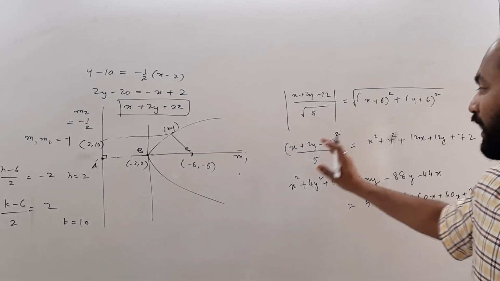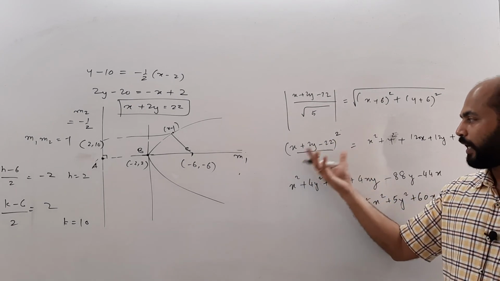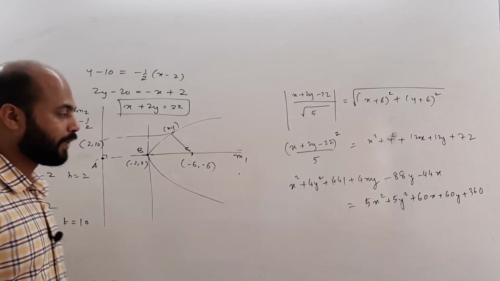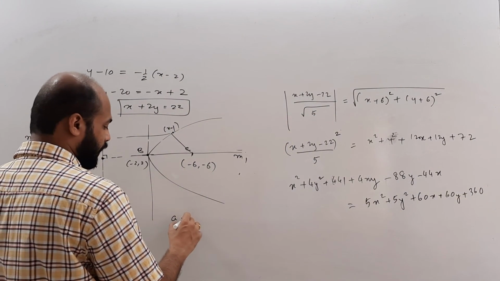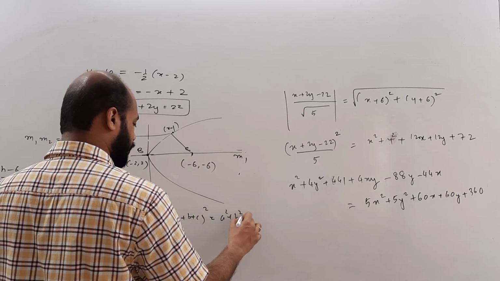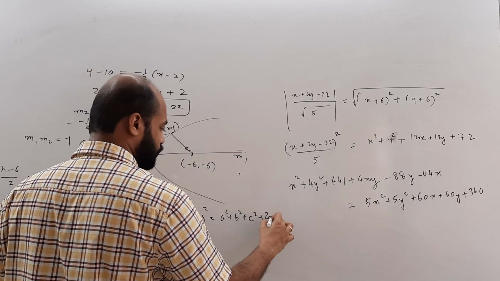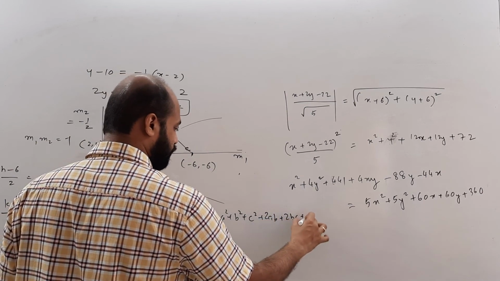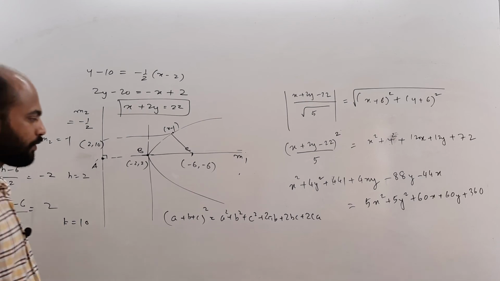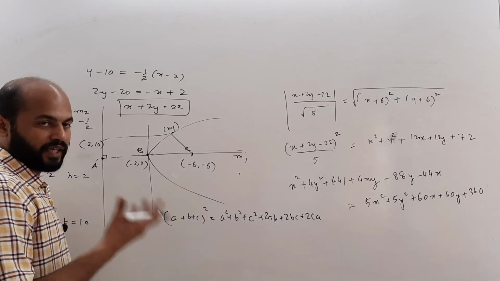So this time I expanded this as a plus b plus c the whole square. So a plus b plus c the whole square is a square plus b square plus c square plus 2ab plus 2bc plus 2 times ca. Now once this is given, we can obviously shift and write the answers.